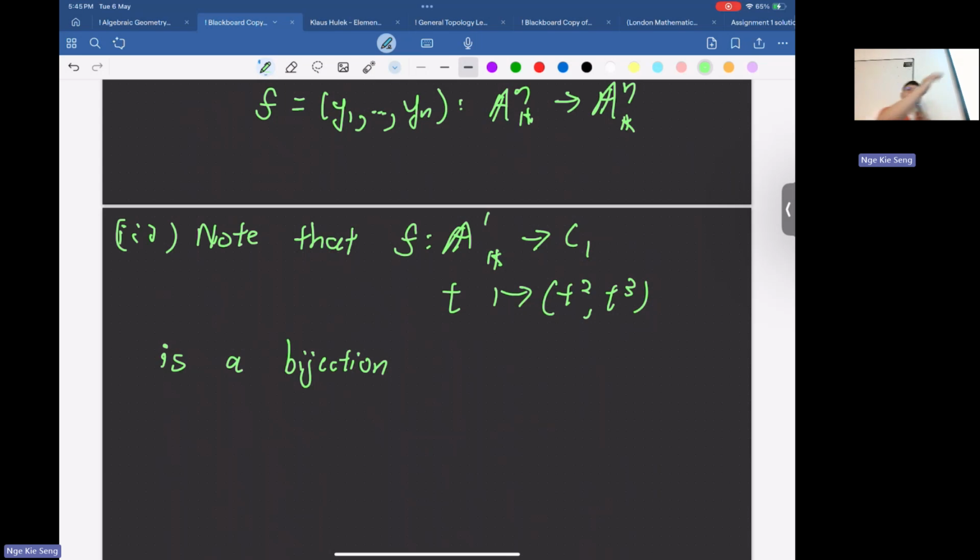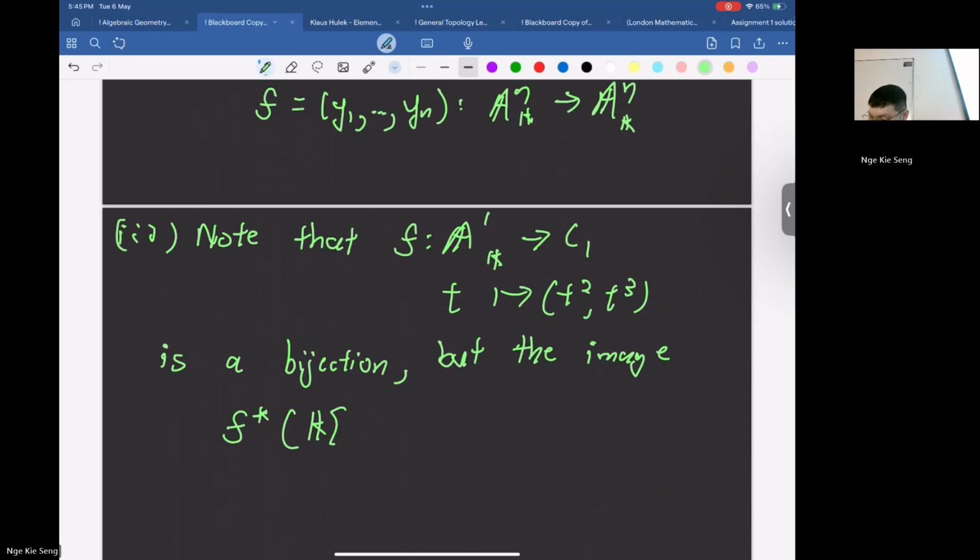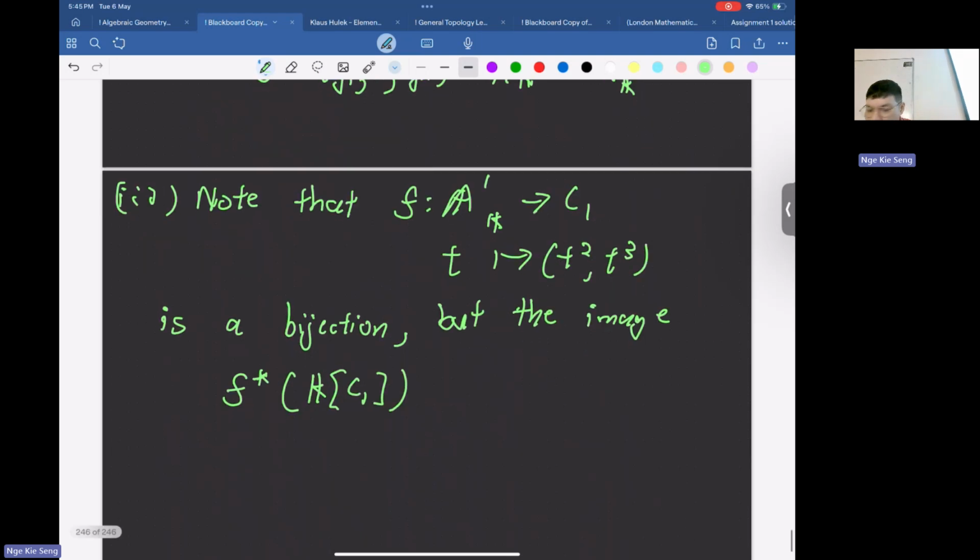T goes to T square and T cube. Can you create T? Take the T cube divided by T square. Okay, take Y divided by X. But if you look at the K, the pullback of F, the pullback on this K C1 is an element in K A1, which equals KT.